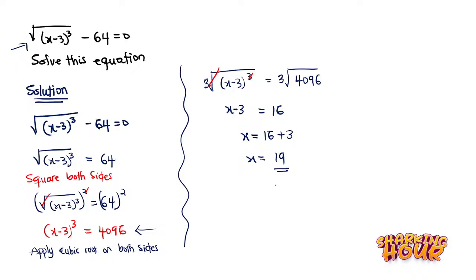If you use your calculator and insert the value 19 in place of x, 19 minus 3 will give you 16, and then 16 cubed will give you the value 4096, and then the root of that will give you 64, and so 64 minus 64 will give us 0 as our answer. So therefore our answer x, which is equal to 19, is the right answer for this particular question.